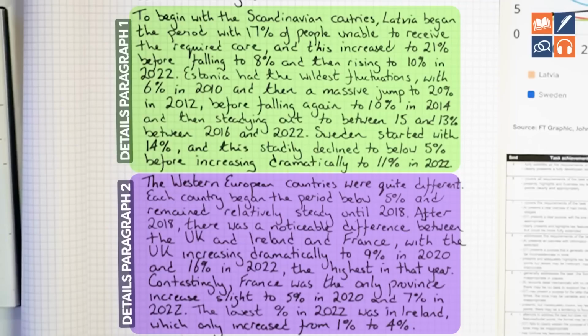You should only use cohesive devices when it's appropriate to do so, and you should only use the simple ones that you know how to use, you know how to spell, you know the meaning of. So for example, this one, contrastingly. So the student here is trying to use a very long, complex word because they think that will boost their score. But what actually happens is they've spelt it incorrectly, and it would be much easier just to write in contrast, for example.